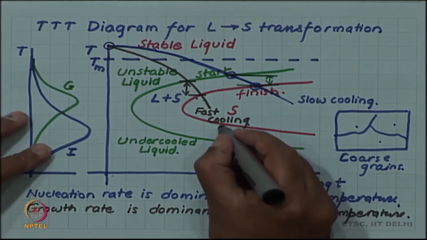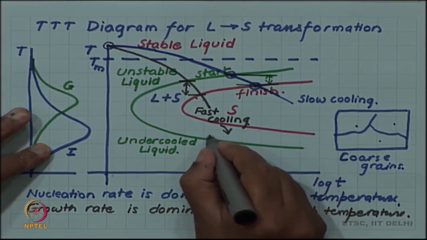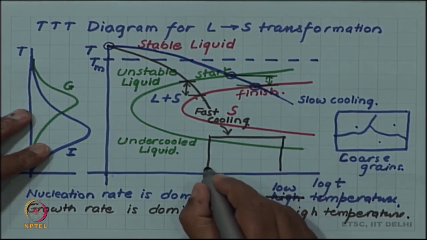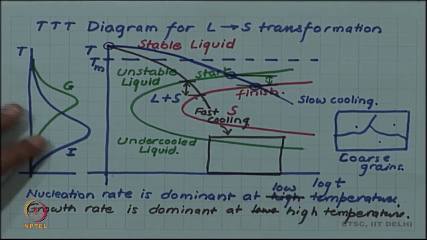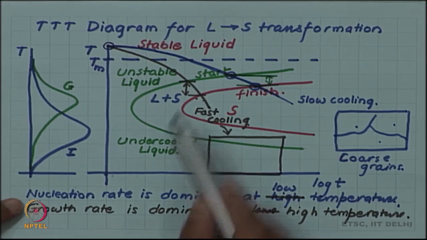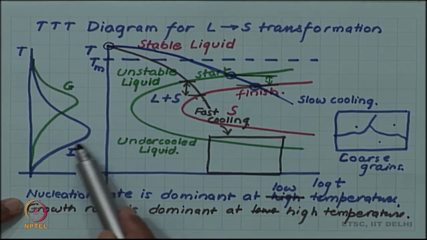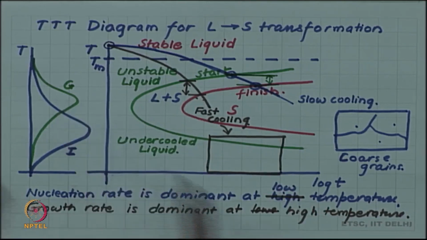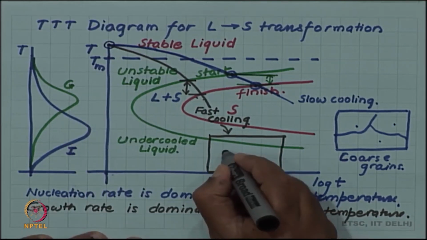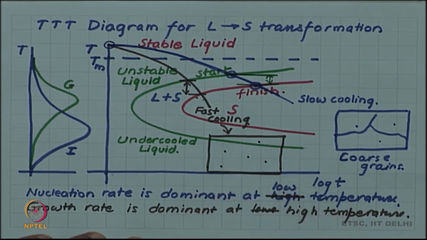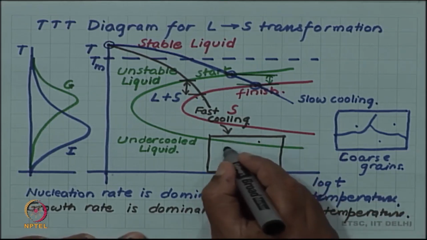Whereas, imagine what will happen in the faster cooling. Now, in the faster cooling the transformation temperature is lower. On the lower side, nucleation rate is more dominant than the growth rate. So, faster nucleation gives you many nucleation centers and the growth rate is slow.